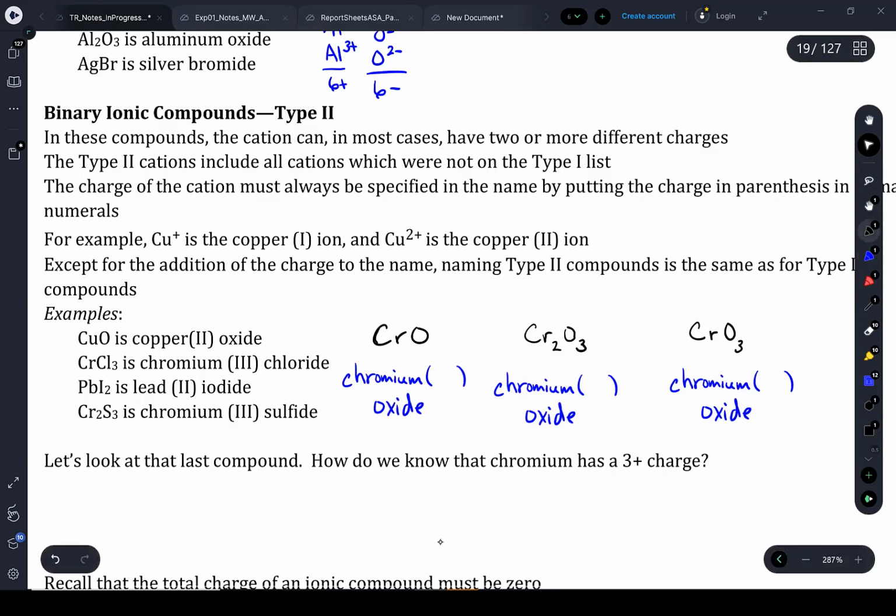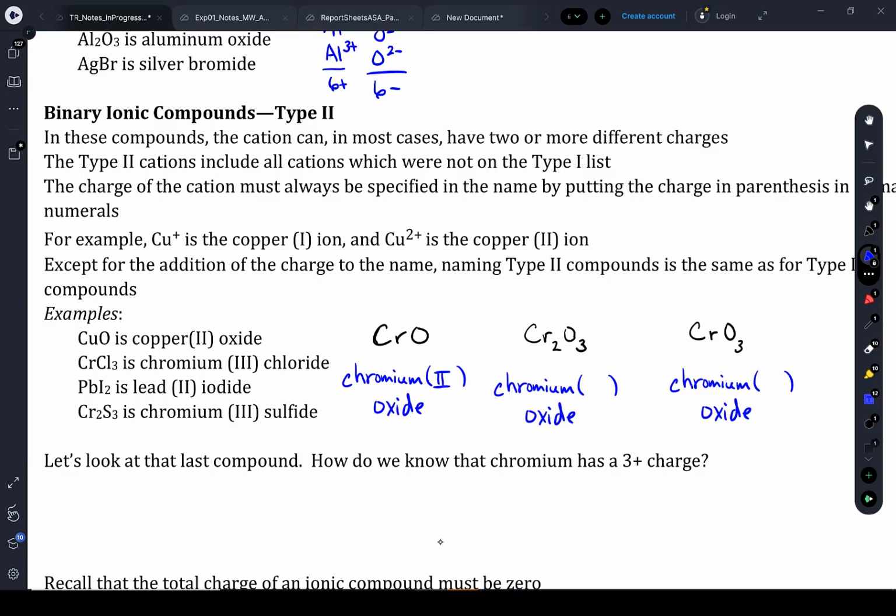All right, so what's the charge of the first one? That should be pretty easy. Yeah, 2, just like this was copper 2 oxide, oxygen is 2 minus, so the 1 chromium would have to be 2 plus. The most common mistake people make is they say, well, there's only 1 chromium, so that's chromium 1. That's not right, correct? It's the charge.